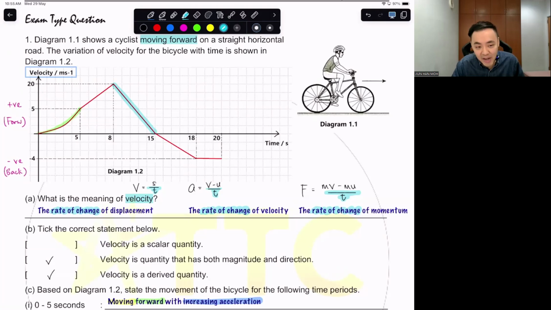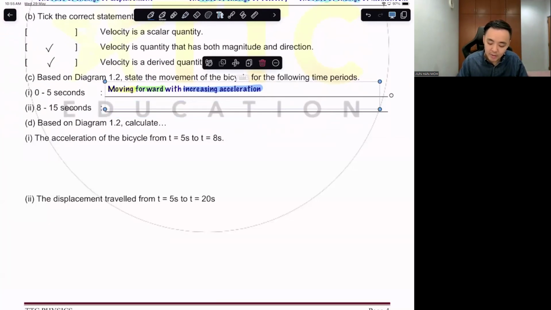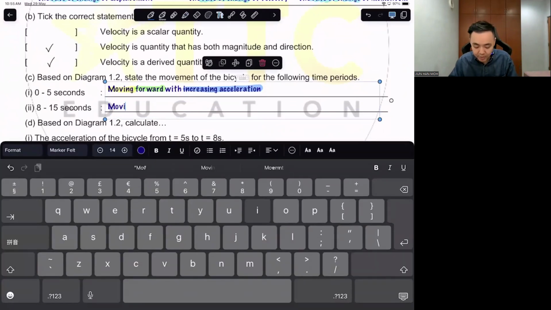What do you call that? Deceleration. But then you look at the graph. Is it a straight line? If it's a straight line, it's like every second I minus 1, minus 1, minus 1, minus 1, minus 1. Minus means decelerate. 1, 1, 1, 1, 1 means constant, uniform, right? So the final answer for this would be moving, yes, forward still, with uniform, also can, constant also can.